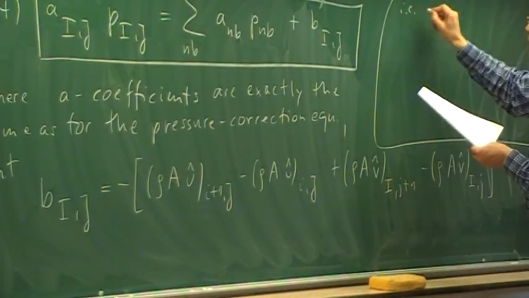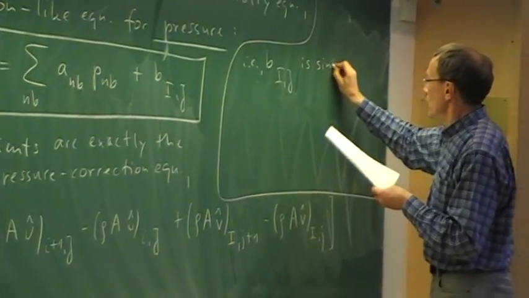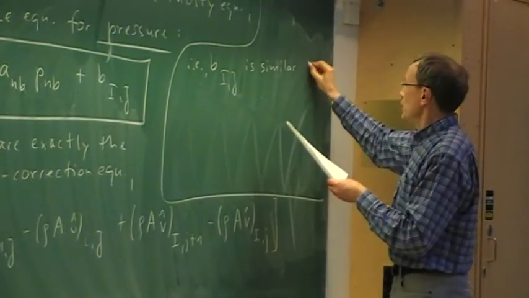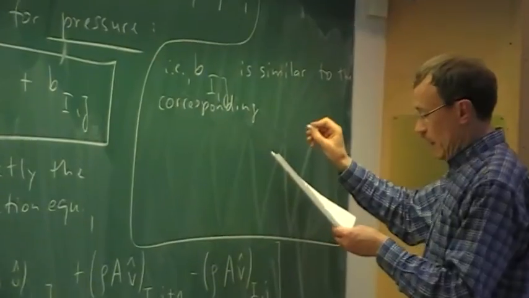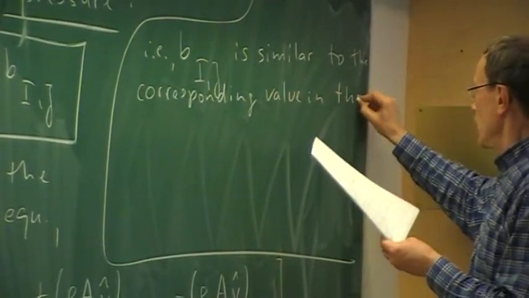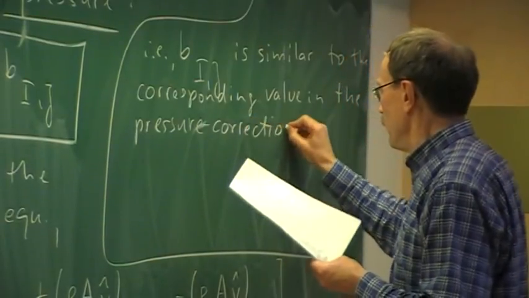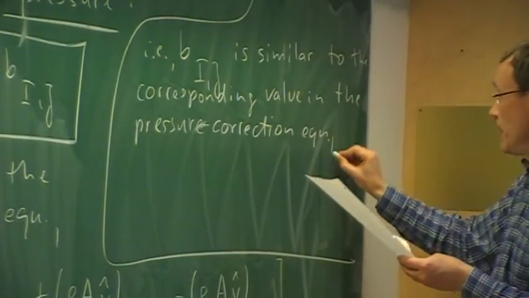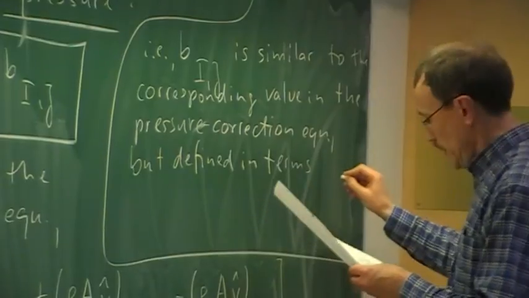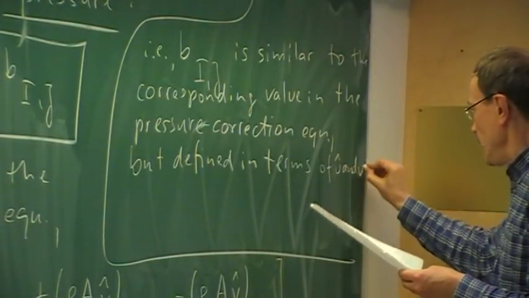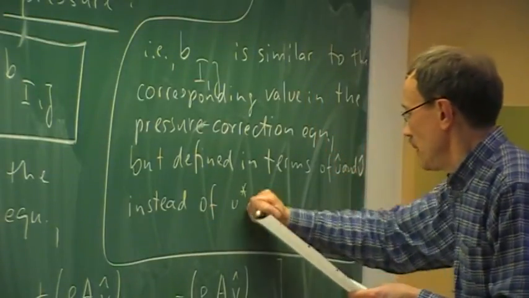That means that B ij is similar to the corresponding value in the pressure correction equation, but it is defined here in terms of the pseudo velocities, u hat and v hat, instead of the preliminary ones, u star and v star.